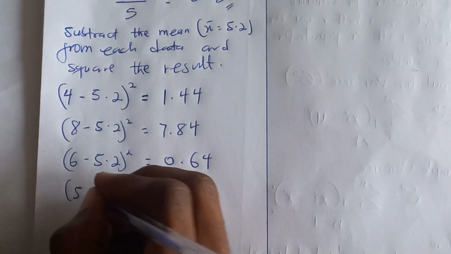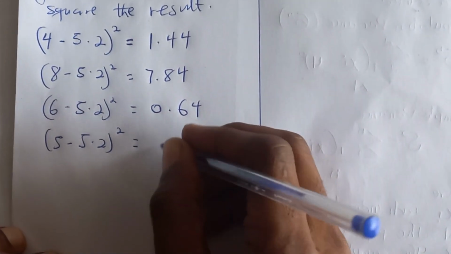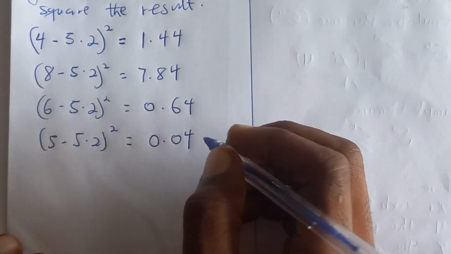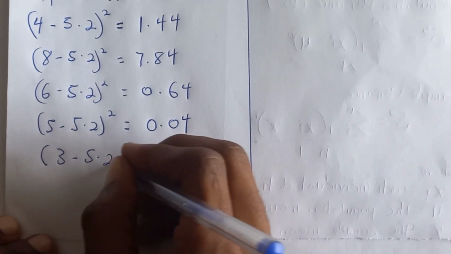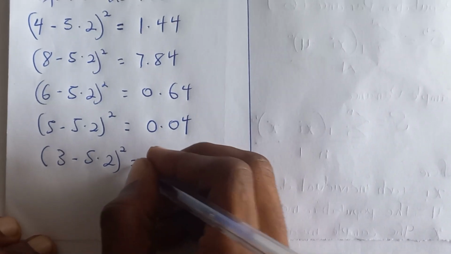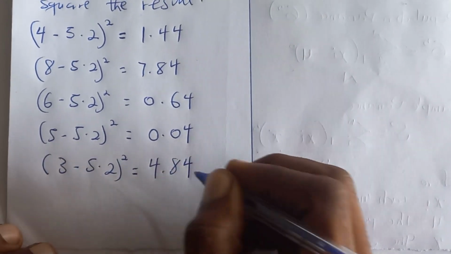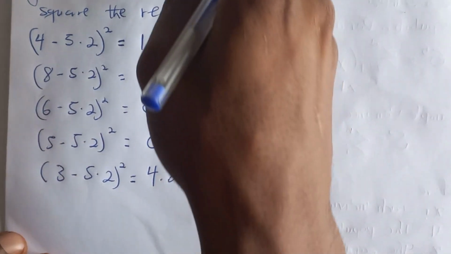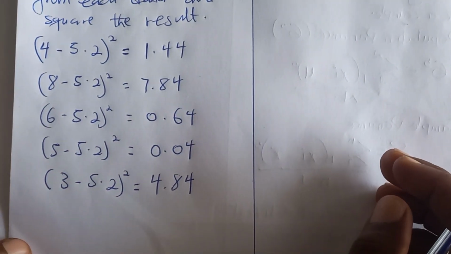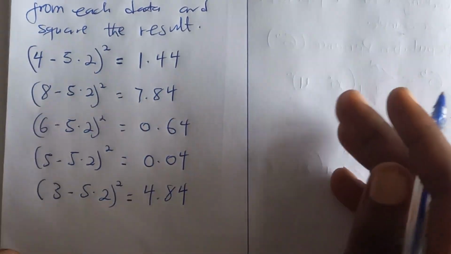And 5 minus 5.2, all squared, gives 0.04. The last one, 3 minus 5.2, all squared, gives 4.84. Now with this and the sample mean, we can get the variance and the standard deviation.